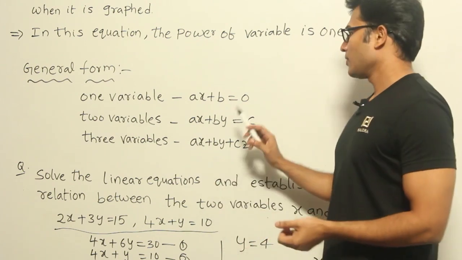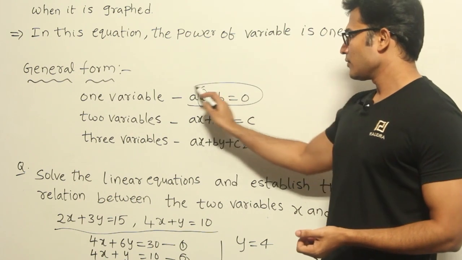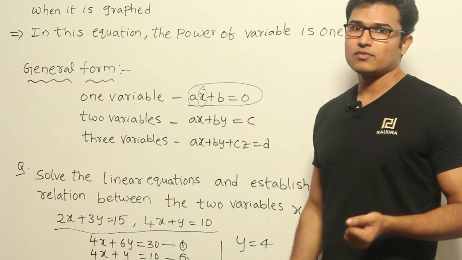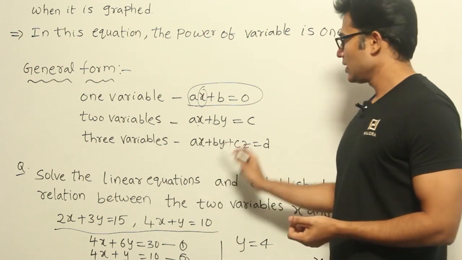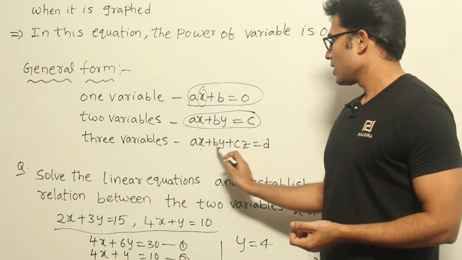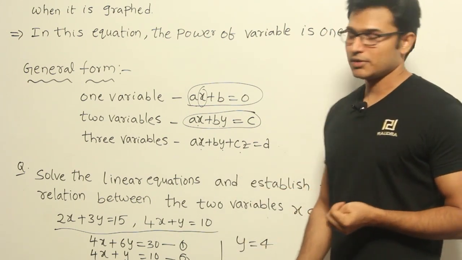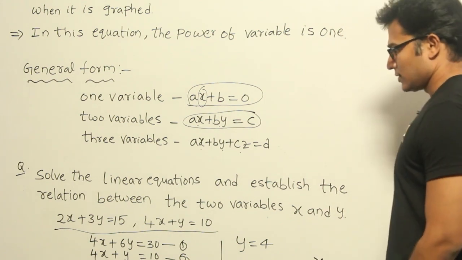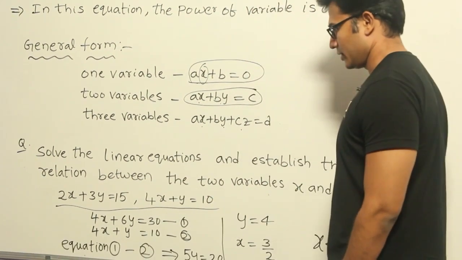When you have only one variable, one equation is enough to find its value. If you have three variables, you need three equations. Since two variables and two equations are there, you can directly solve it.